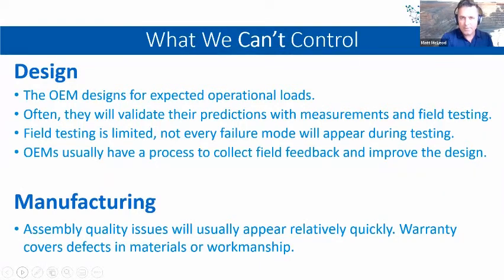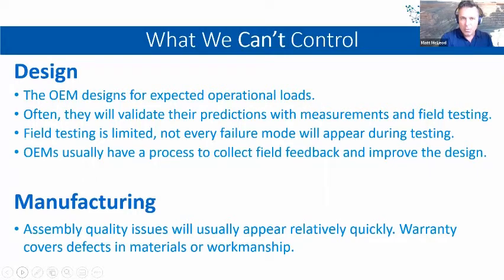You can't test for every failure mode. You don't have enough time or test machines to do that. So we expect our OEMs to have a process to collect field feedback and then improve that design so that subsequent versions of that machine or those parts realise the life expectancy that we're looking for.